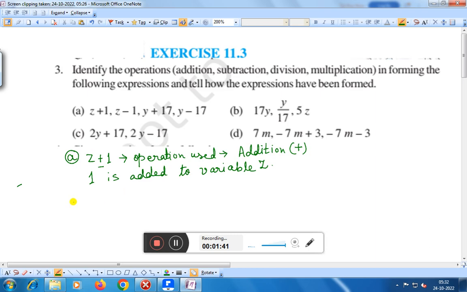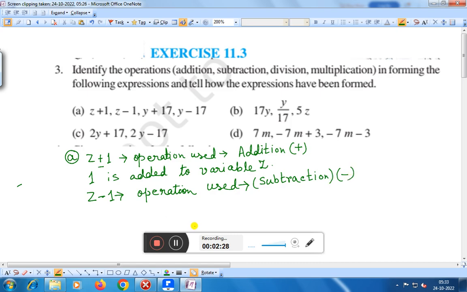The next expression is z minus 1. Therefore, you can say operation used is subtraction, or you can say it as minus.